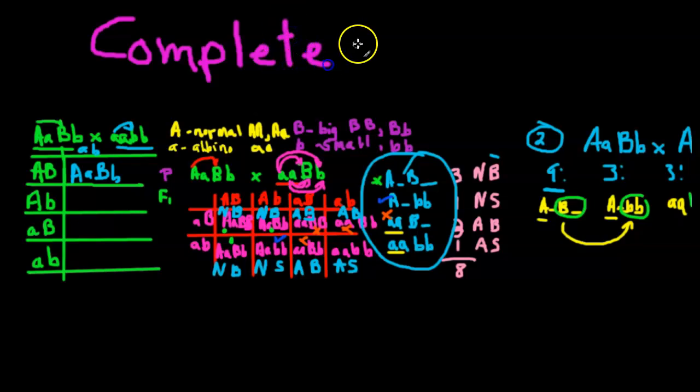This actually is complete dominance. This is our example with albino and big toes. And I'll make it a little smaller so you can take a picture of the whole thing if you like.